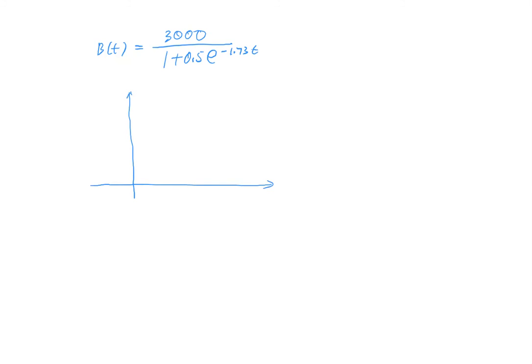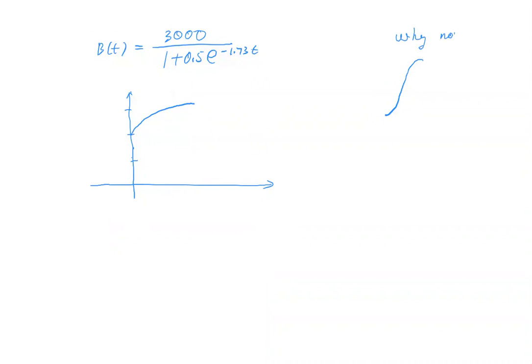We have B(t) equal to 3,000 over 1 plus 0.5 e to the power of negative 1.73t. Based on the knowledge you have about the logistic function just now, may I know why our graph only shows this part? Why is our graph not S-shaped?